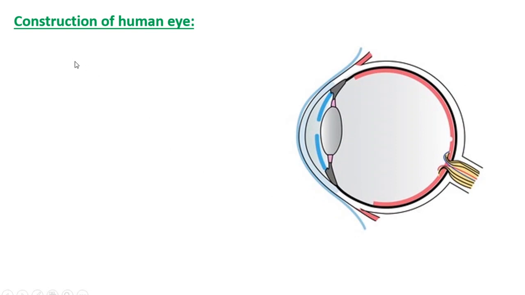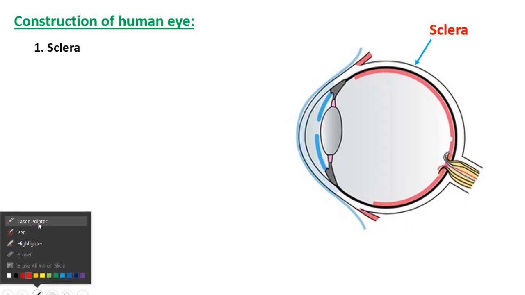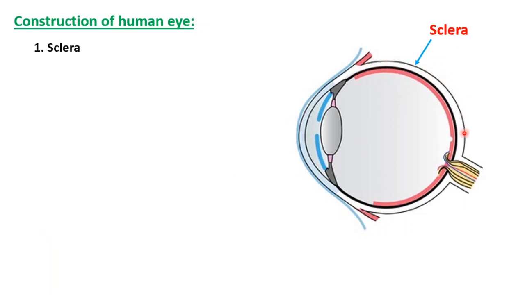We will first learn how many terms are used in the human eye. The first term is sclera. This is sclera, the outermost part of the human eye. Clear? The second is choroid. Beneath the sclera there is a layer called choroid.